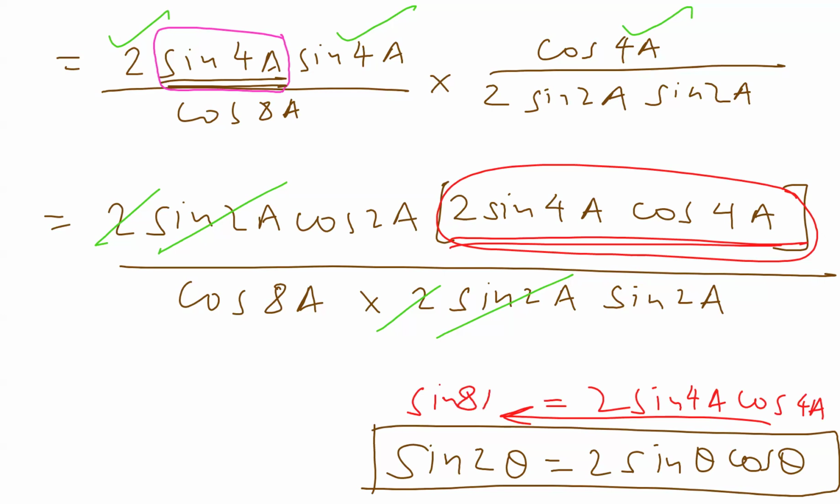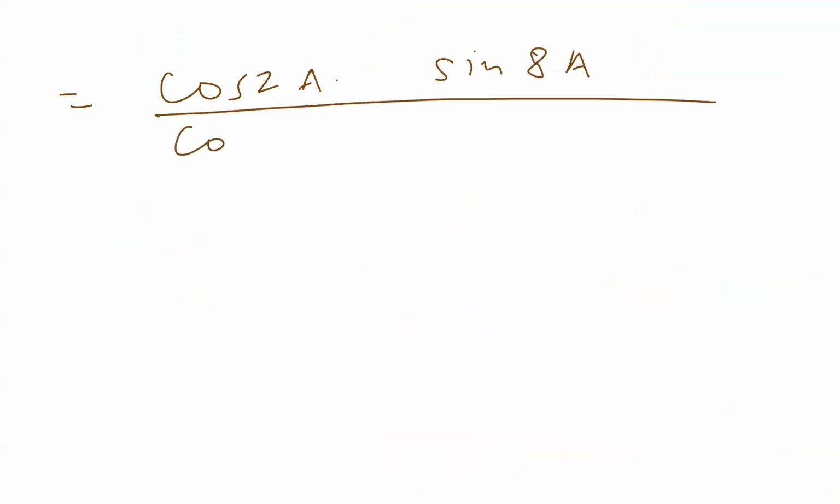So the double of 4a is 8a. So this is sine 8a. Okay. The red colored terms over here. So cos 2a, I'll type the next step on the new page. This is equal to cos 2a into sin 8a upon cos 8a into sin 2a.